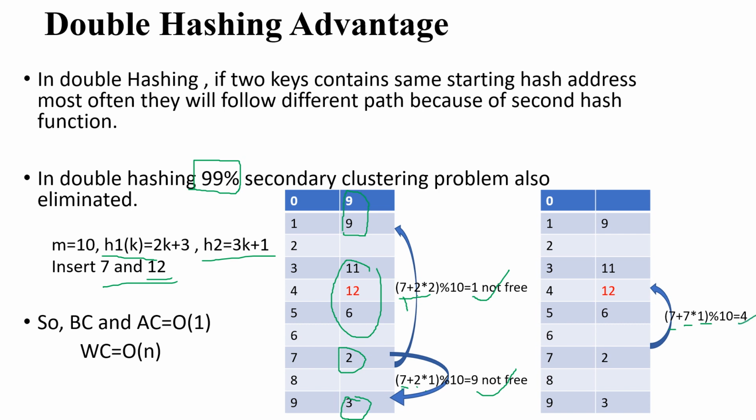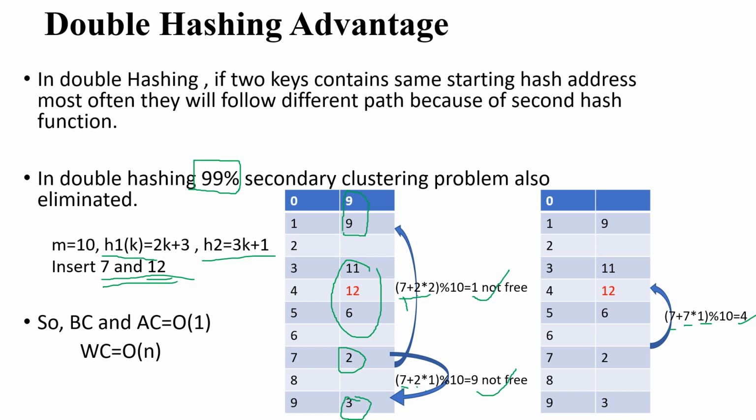So if you observe both keys, 7 and 12, the starting index was 7, but using the second hash function the paths are completely different and not matching. Because of that, double hashing solves the problems of linear probing as well as quadratic probing, removing both primary clustering and secondary clustering.